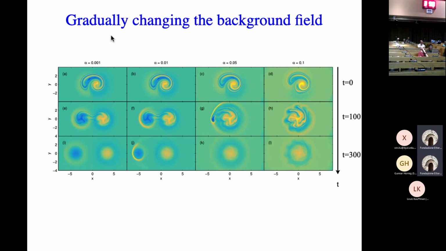The first column has a background field, which is a linear force-free field with a proportionality factor alpha equal 0.001. So that is very, very close to the homogeneous field. Essentially, the first column is the example which you've seen already.